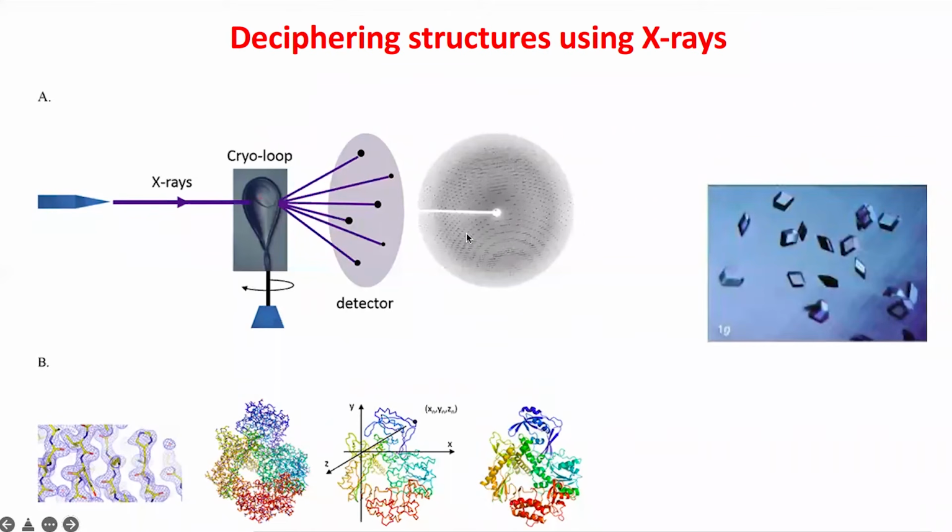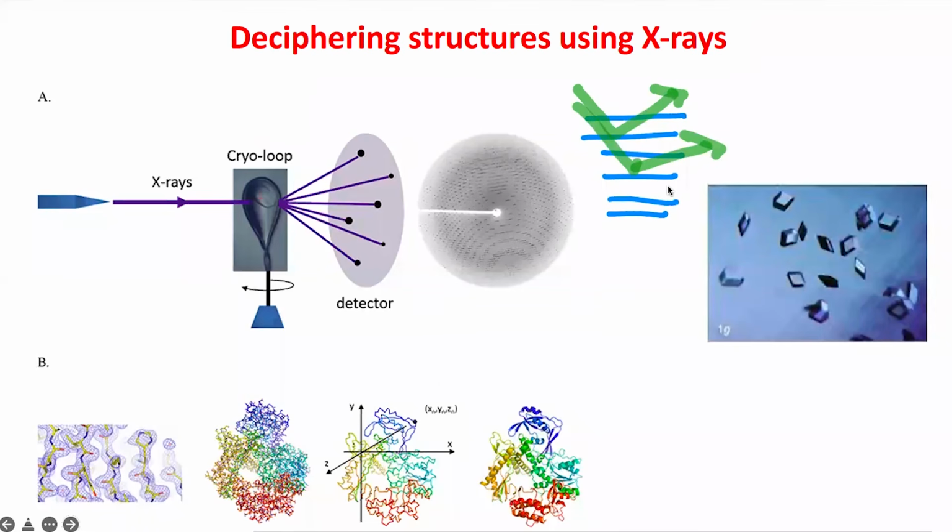And now the question is, why are you getting these spots? These spots are coming because the X-rays, when they go through a crystalline lattice, which is a regular ordered arrangement, they see sort of planes of ordered arrangements. And I'll try and draw this. I'm sure it won't be great. So they see planes like this, okay? And effectively, what ends up happening is that these X-rays bounce off these planes.